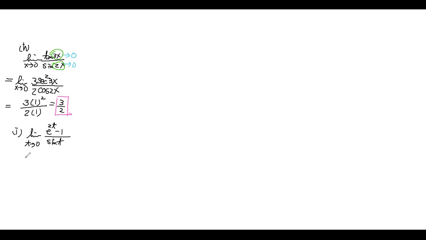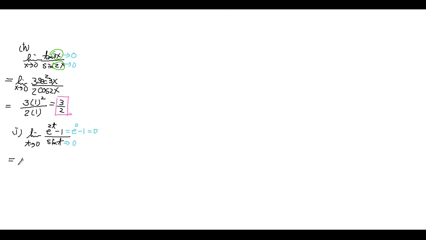The purpose of this one is to train how to do the derivative for exponential functions, right? Let's check first. Like I always said, you have to check t equal to 0. So e to the 0 minus 1, e to the 0 is 1, so it's 0, right? And sine 0 is what? It's 0. So it's 0 over 0.